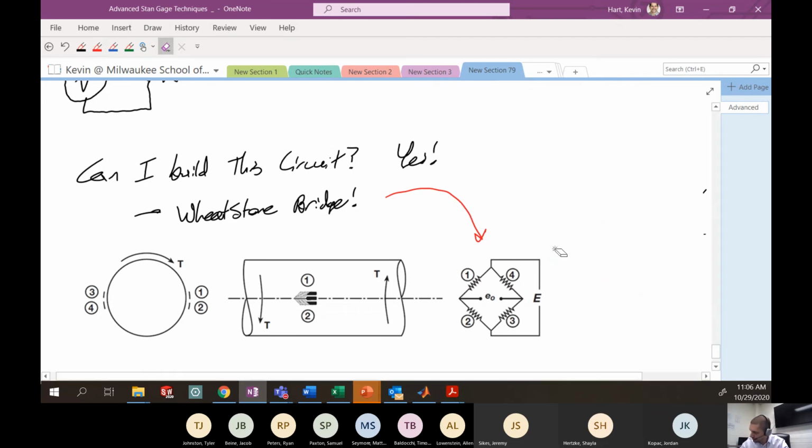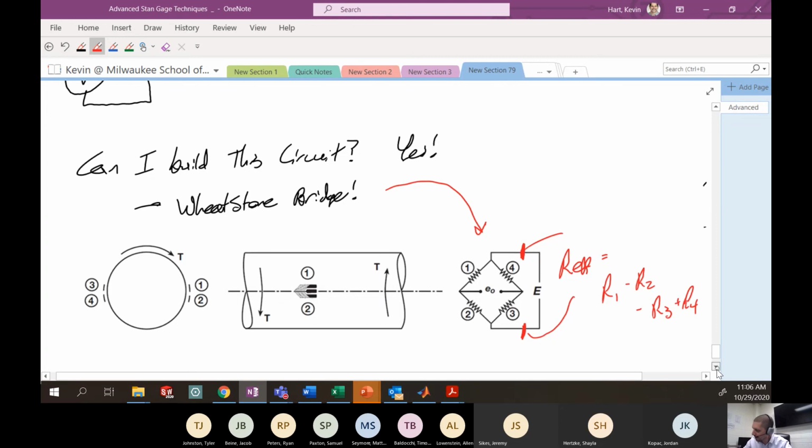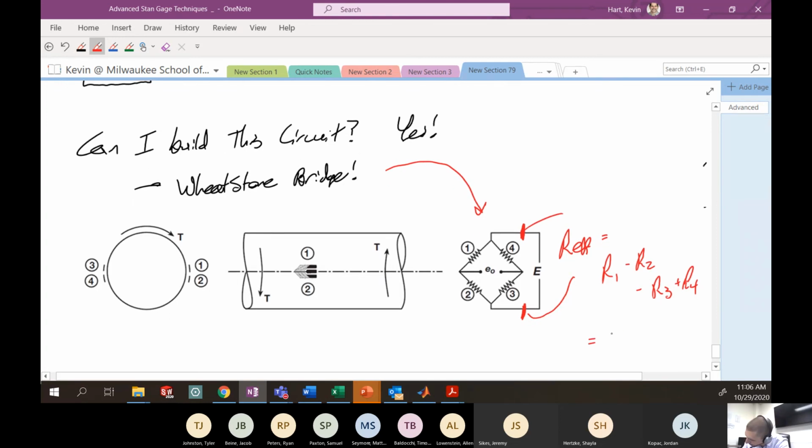Okay. So the idea here is that if I have some measurement lead here and some measurement lead here, the effective resistance across the circuit is R1 minus R2 minus R3 plus R4, which we know is simply equal to whatever this torsional shear strain is multiplied by this phi constant, which is 2 times the gauge factor times the initial resistances of the gauges.